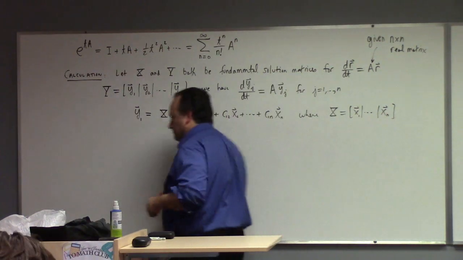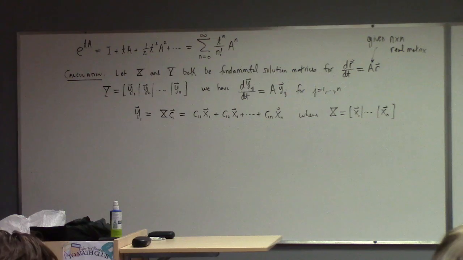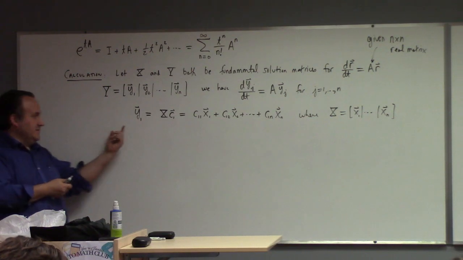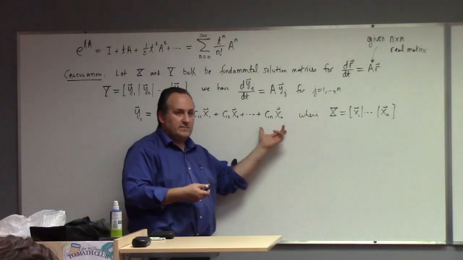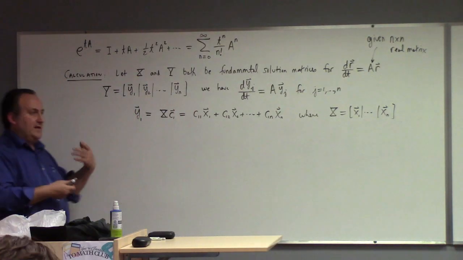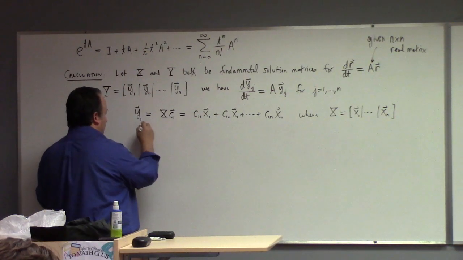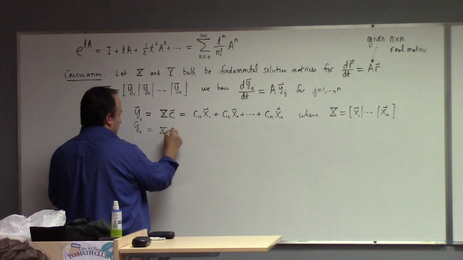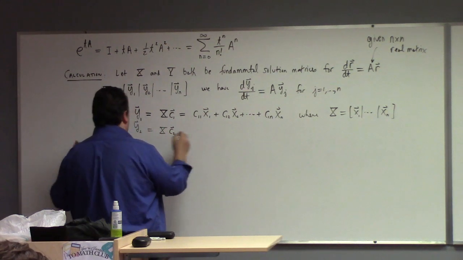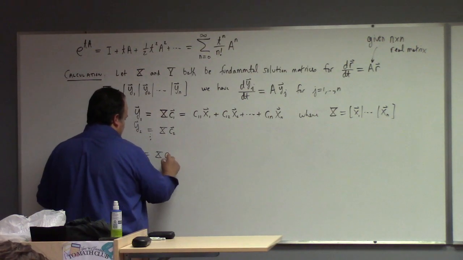Why is this true? Well, that goes back to one of our fundamental theorems about linear differential equations, which is that if you take a solution to the differential equation, you can express it as a linear combination of a fundamental solution set, right? So I can do this for each one of these. And so I've also got y2 is X times c2, and so forth and so on down the line, yn is X times cn.